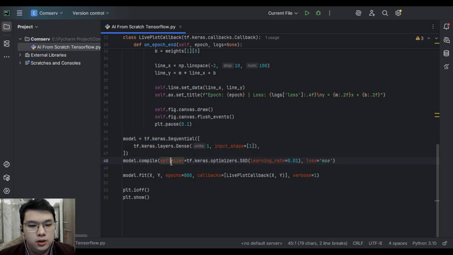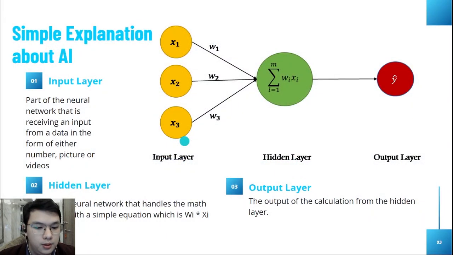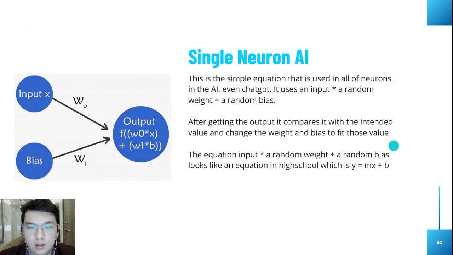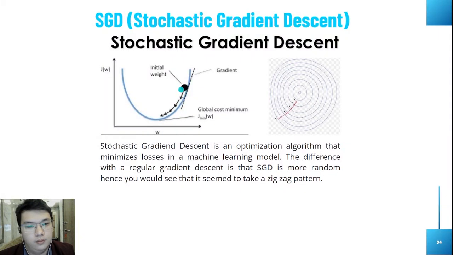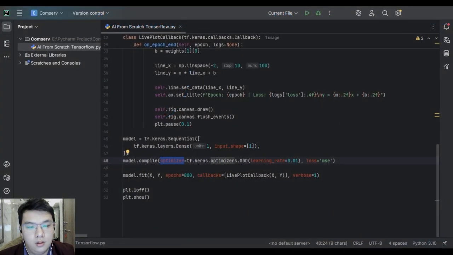Next is the compile. Compile is basically where you put it all together: what the model is using, the optimizer. The optimizer, as you can see, is stochastic gradient descent, or SGD. This is an optimization algorithm that minimizes the losses.